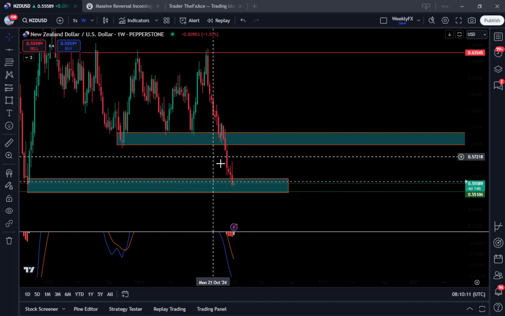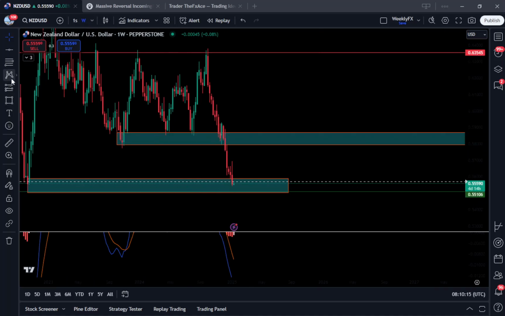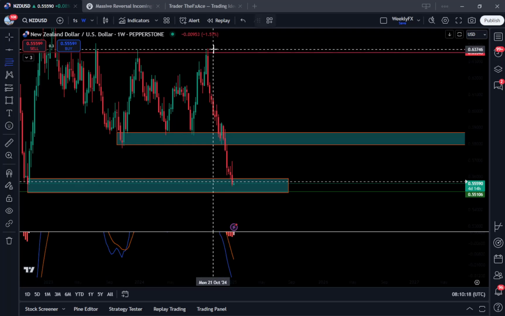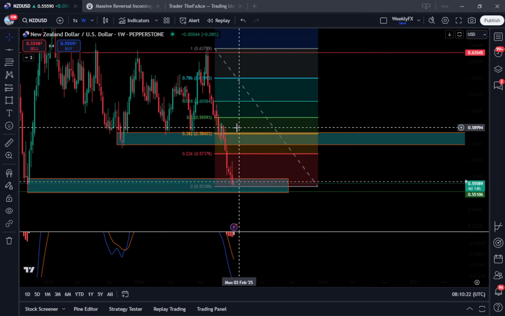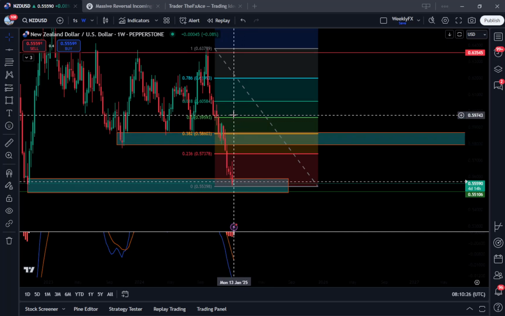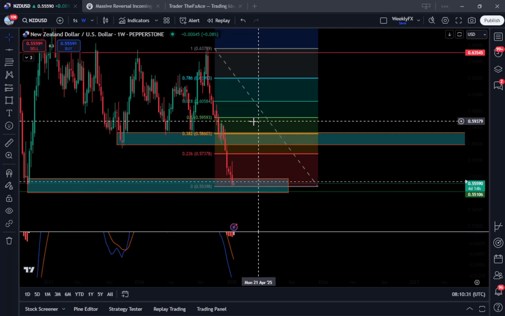So, good entry. On the weekly chart, we just put on the fib. And as you can see, this area here lines up with the 38.2, and a higher, possible target is 60, which would be a nice round number.